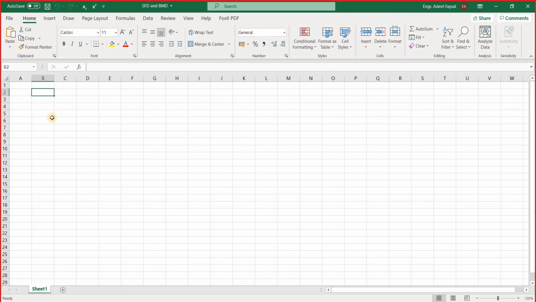So let's say this is X, this is V in kilonewton. This is how you should also be doing it: M in kilonewton meters.